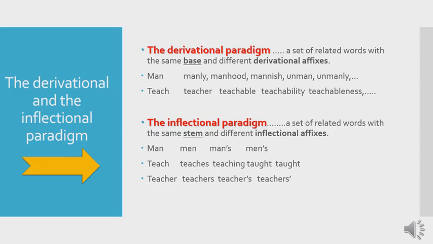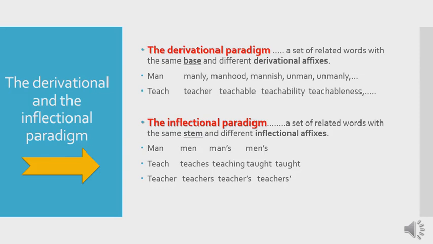The derivational paradigm, if you remember, consists of related words with the same base plus derivational affixes. From its name, derivational paradigm, each word in this paradigm should have derivational affixes, whether prefixes or suffixes.